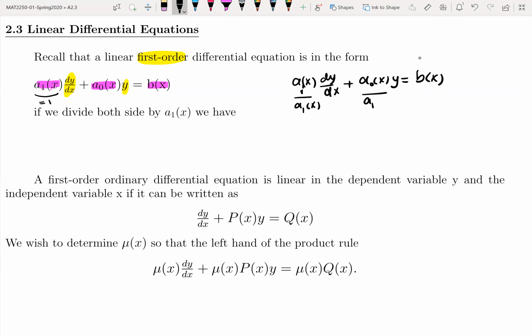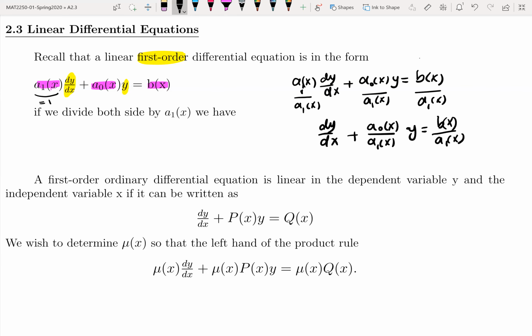You divide each term by a1 of x. So that is dy/dx, plus a0 of x divided by a1 of x times y, equals b of x divided by a1 of x.